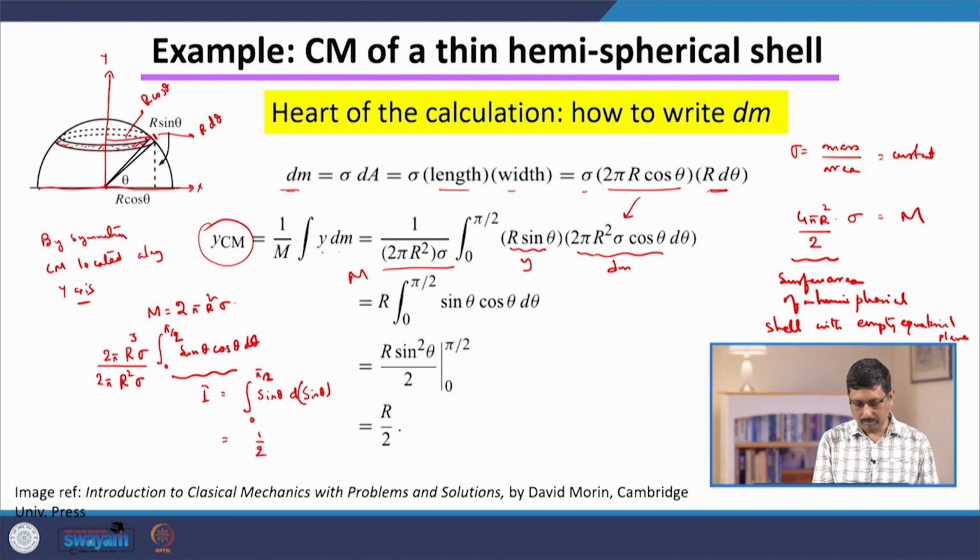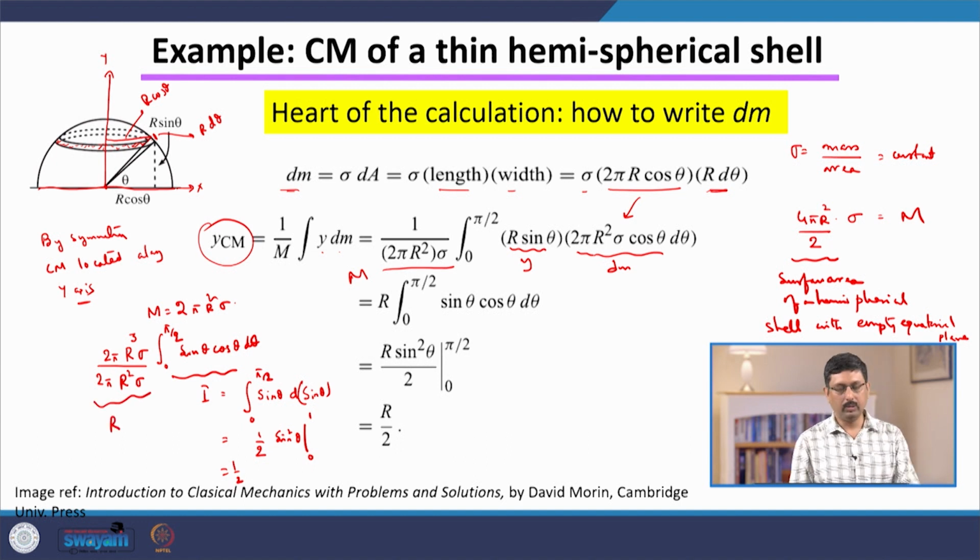So, this is half sin square theta, and at theta equal to 0, sin theta is 0, at theta equal to pi by 2, sin theta is 1, so this is just half. After cancellation, only r remains, so this is r times half.